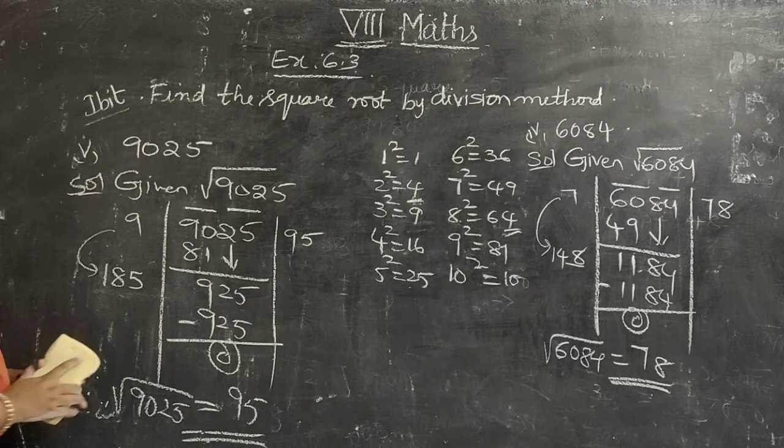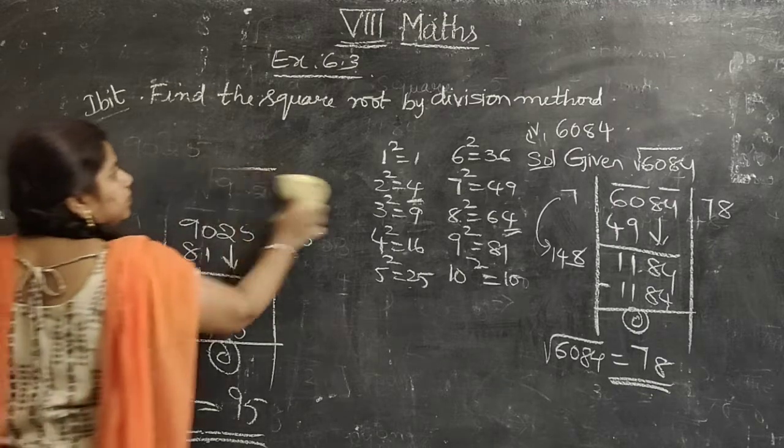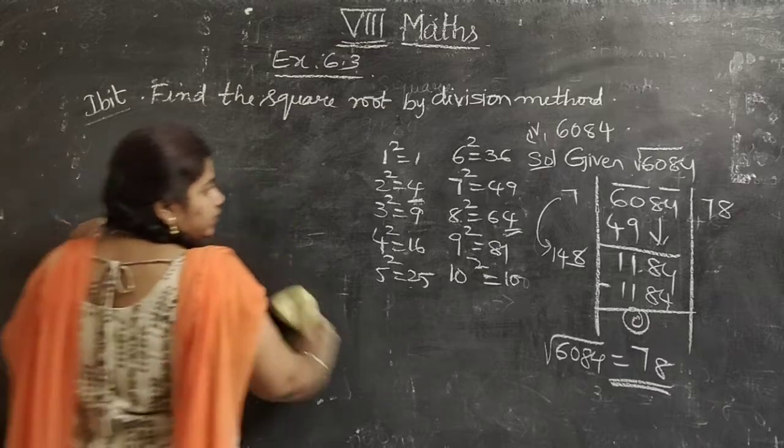Second bit. For decimal numbers we have to find the square root.